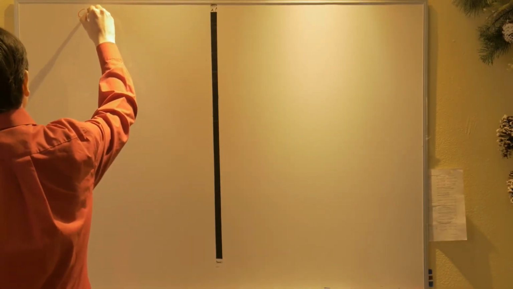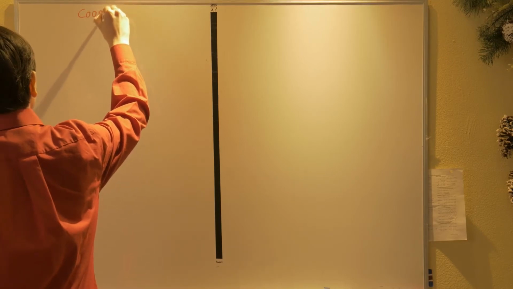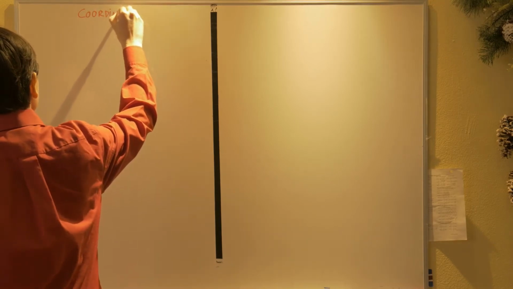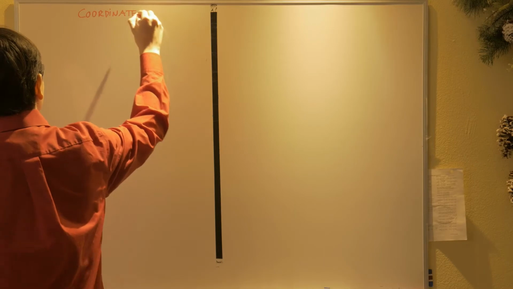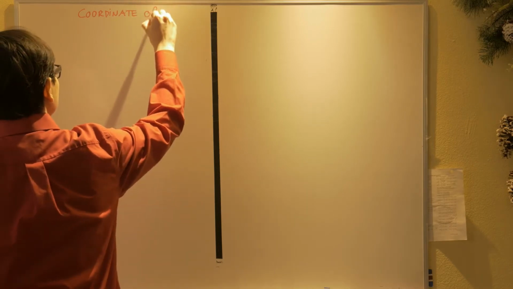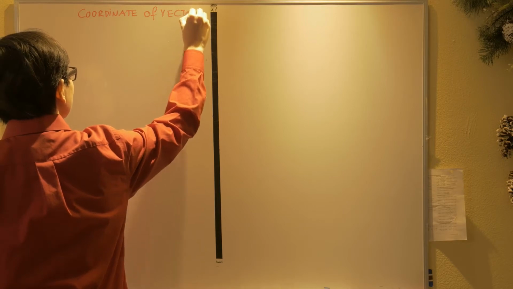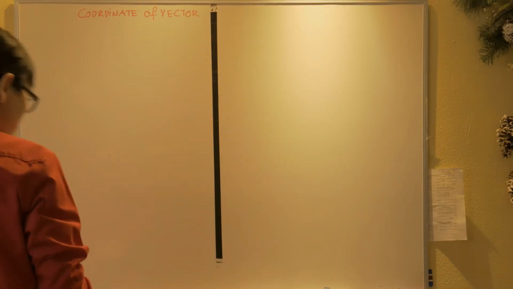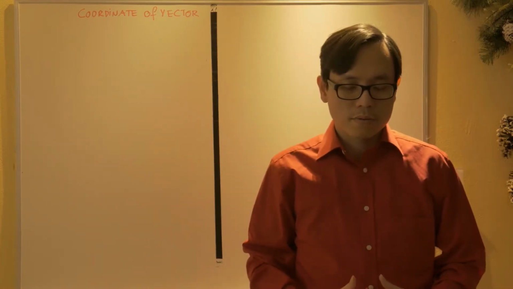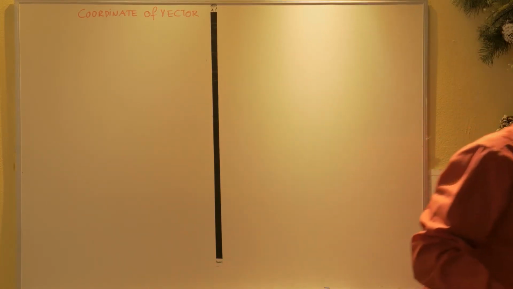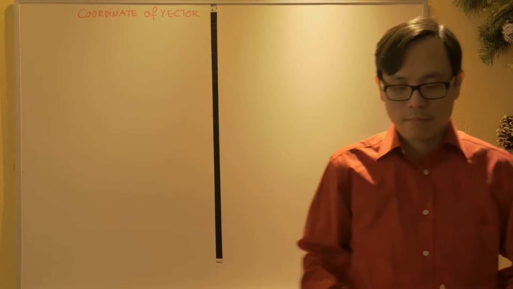Coordinate of vector. Every time we talk about the coordinate of a vector, we talk about the components of that coordinate.